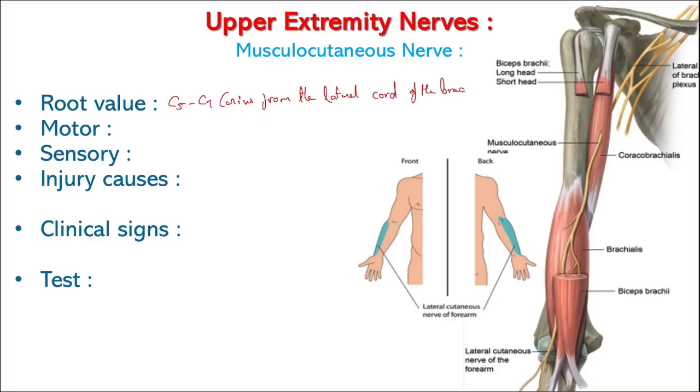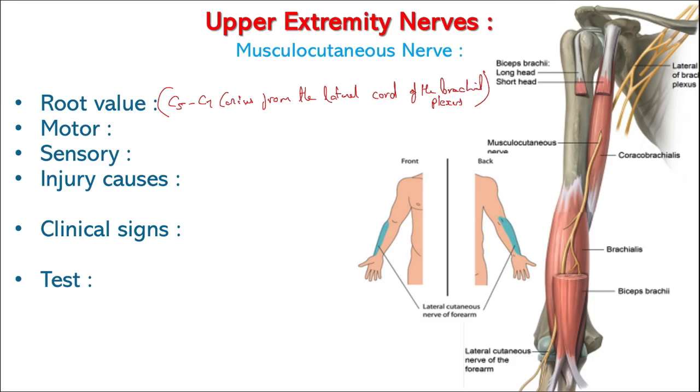If you don't know about the brachial plexus, I am going to make a video about it. You can watch that in the first aid series. From the brachial plexus, only the upper extremities get innervation.